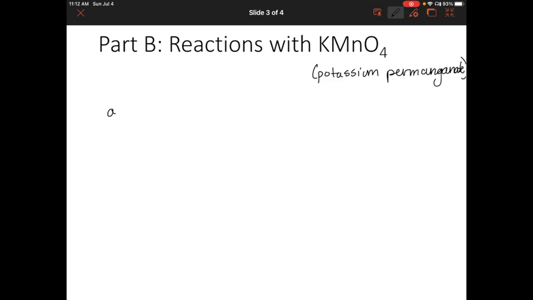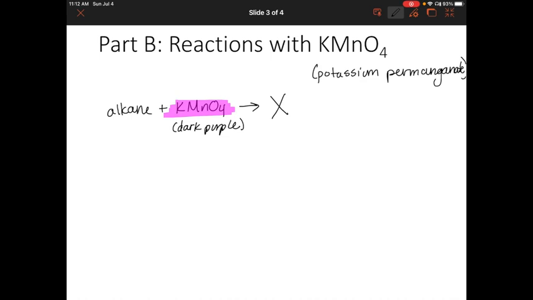So if we react this with an alkane, we're actually not going to see a change in the color. So potassium permanganate is a dark purple color. And in this case, no reaction occurs. So we're just going to see that dark purple color stay exactly the same because the potassium permanganate has not reacted.